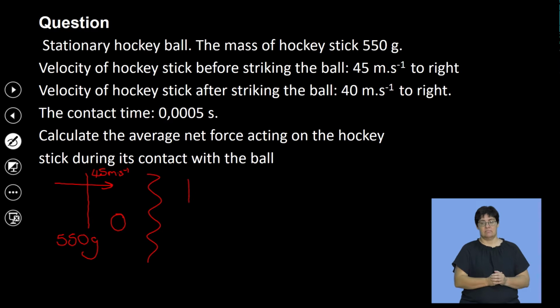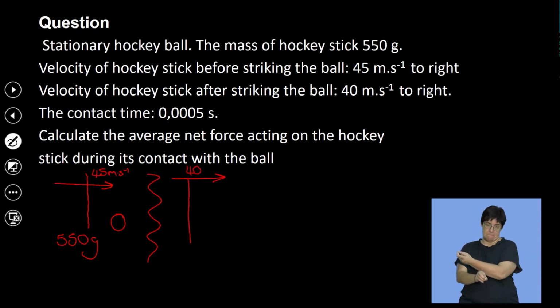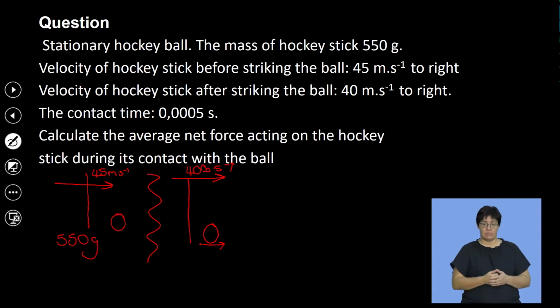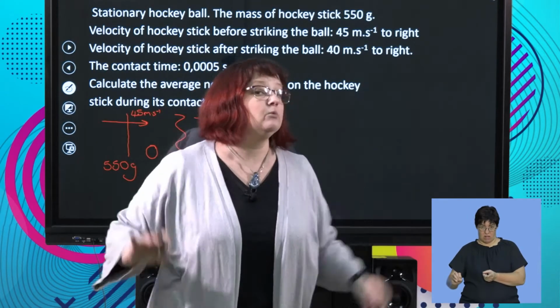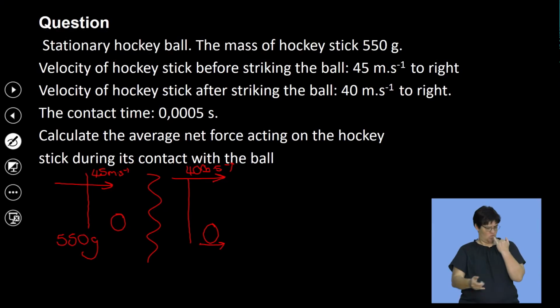As a result, my hockey stick is still going to the right, but now it's going at 40 meters per second, and my hockey ball, theoretically speaking, should be going to the right as well, okay? If it's not going to the right, then something's gone very wrong from a science point of view, and we will ignore that, okay? They also tell me that my collision here acts for 0.05 seconds. It's very, very quick.